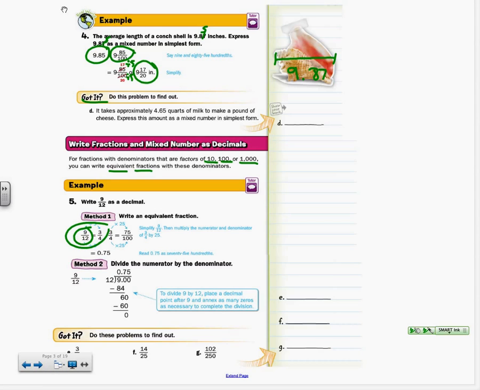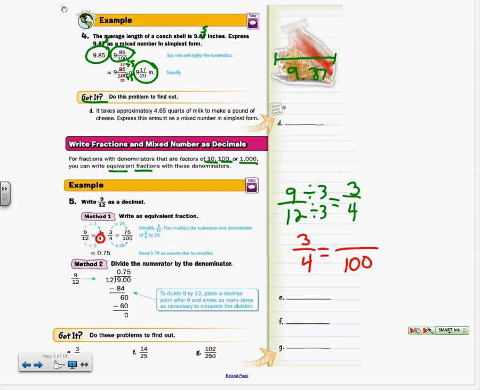So they took the 9/12 and wrote an equivalent fraction, 3/4. Now look at the new denominator. It's 4, and I know 4 can go into 100. So I can change my denominator into 100.